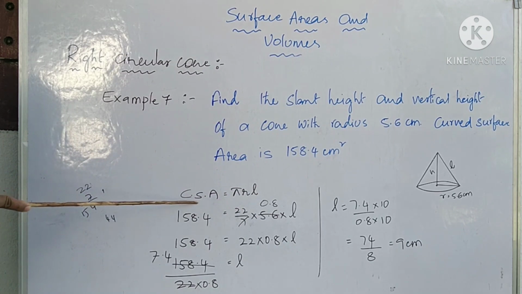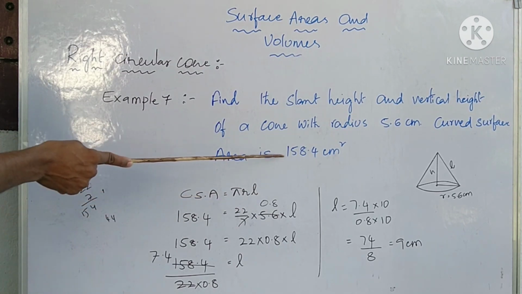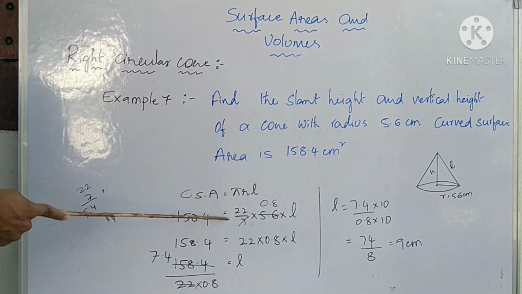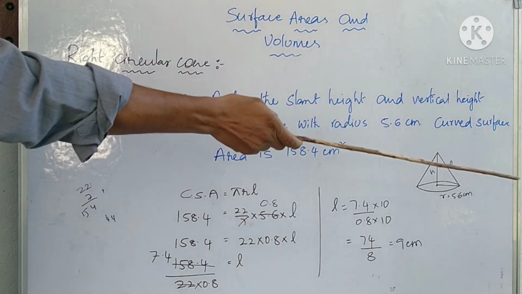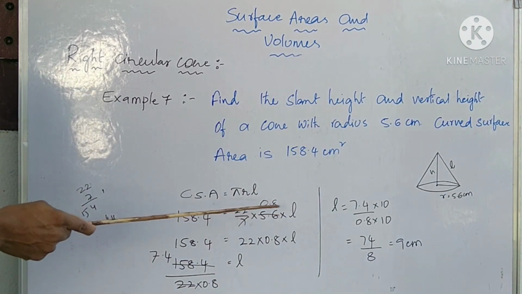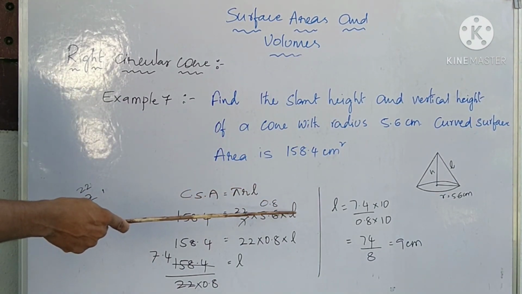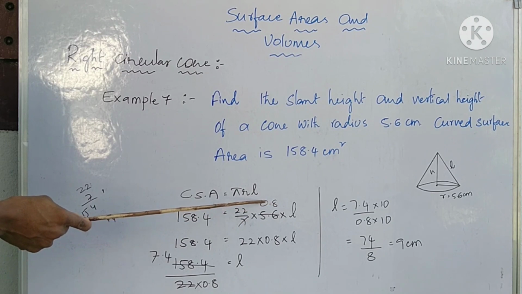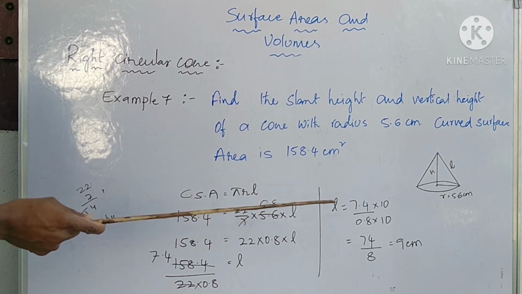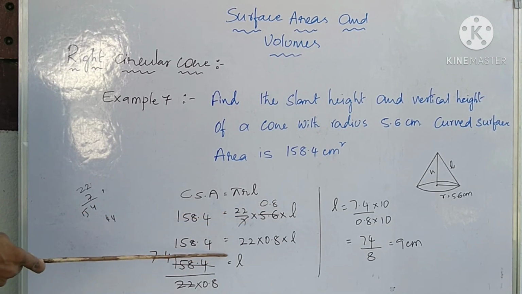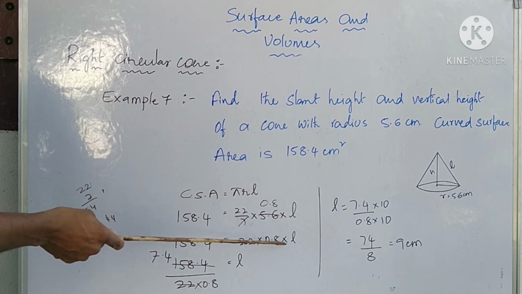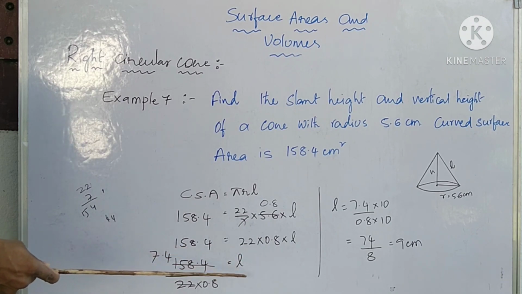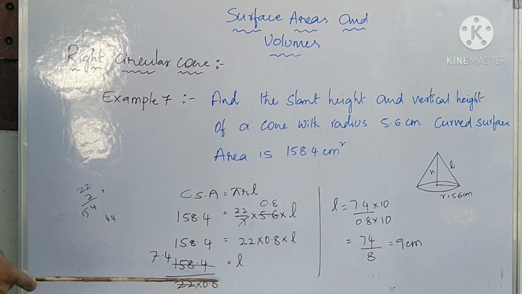Substitute these values in the formula. So 158.4 equals 22/7 into 5.6 into slant height L. So 7 into 0.8 times 5.6. So 158.4 equals 22 into 0.8 into L. Transposing these terms, L equals 158.4 by 22 into 0.8.